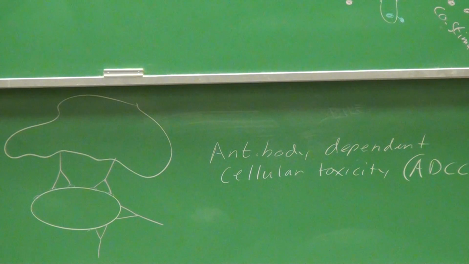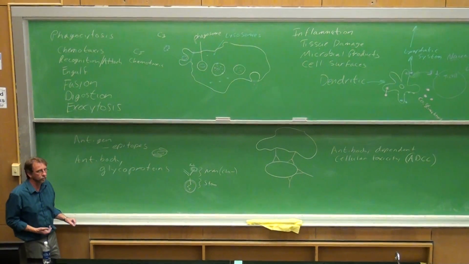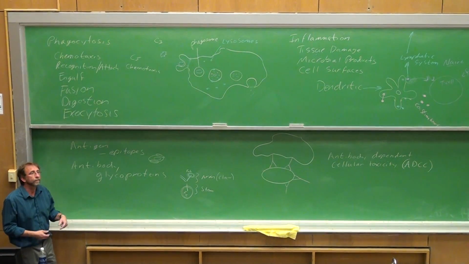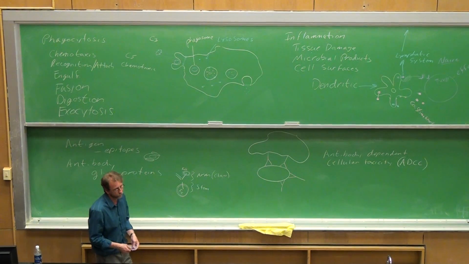antibody-dependent cellular cytotoxicity. Okay, this is what I mentioned last time. This is the idea that certain cells and invaders and things cannot be engulfed. And so if we attach antibodies to them, they can be flagged for the cytotoxic cells that can come along and destroy them.